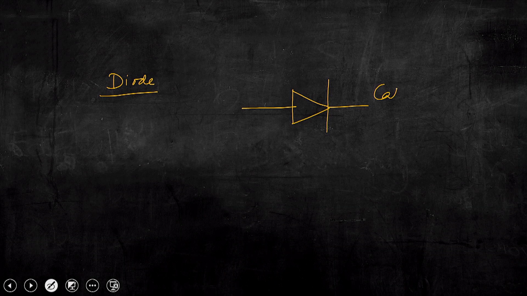So, this is cathode, this is anode. As I said to you, all diodes act much like a one way valve, allowing current to flow in only one direction.